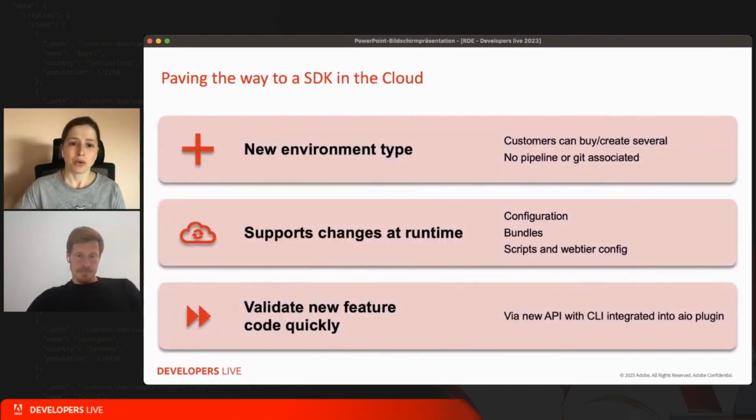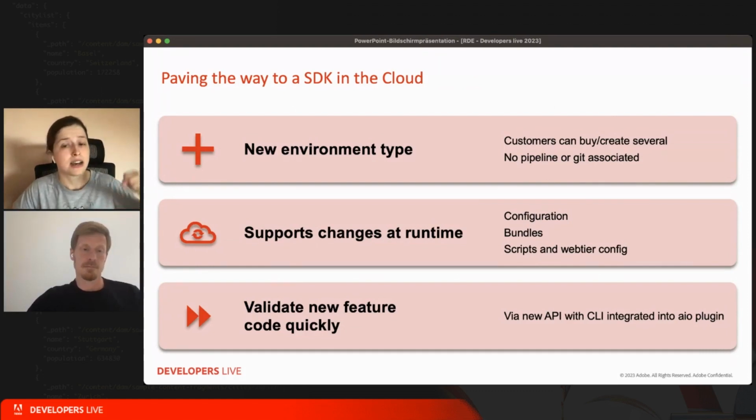So we thought, okay, then we can create a new environment type, which doesn't have a pipeline associated, because this is taking a long time. Also, there will not be Git. I mean, we are trying to simulate what the local SDK is doing, pushing changes at runtime.